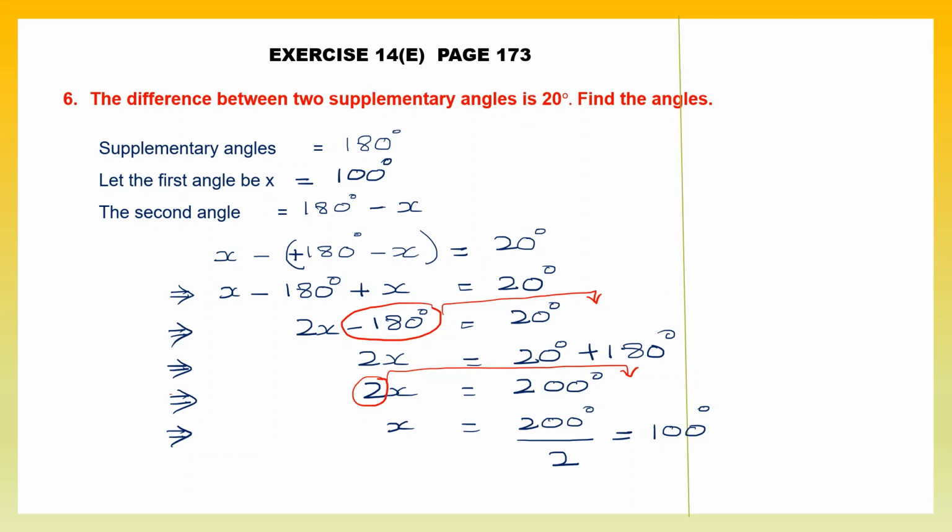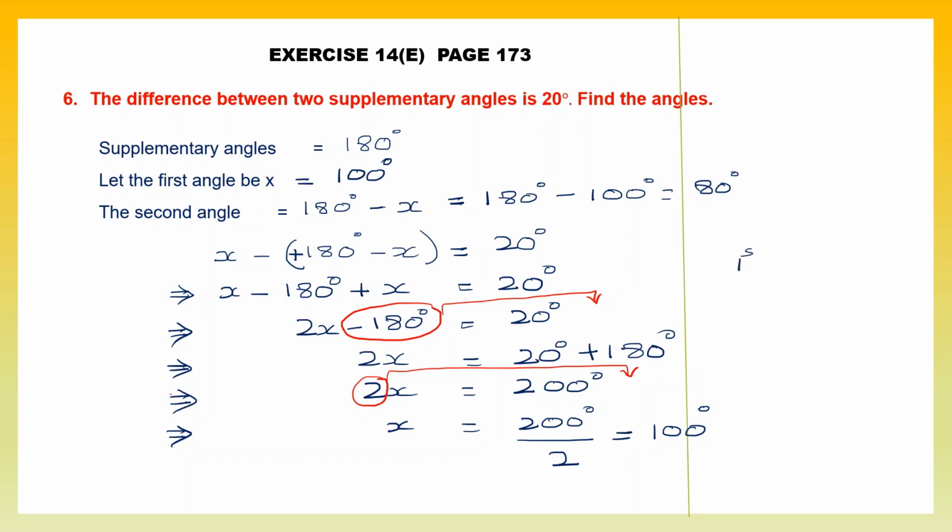So the first angle. Now the second angle is given to us here. The second angle is 180 minus x. So that will be 180 degrees minus 100 degrees because x is 100. So let's do that. 180 degrees minus 100 degrees is equal to 80 degrees.